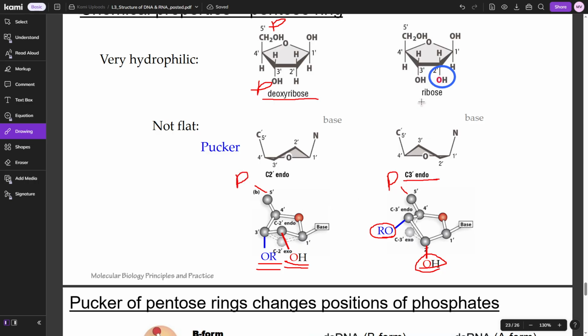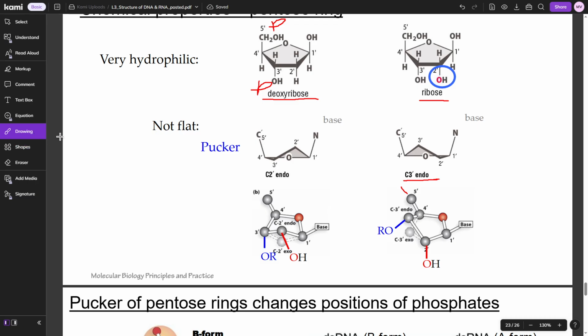So the reason that the riboses generally adopt the C3 prime endo conformation is because we want to make sure that this OH is not interacting with this OR group. If RNA and the riboses in the RNA were to adopt this conformation instead, this OH group and this OR group would be too close to each other, and they would repel, and that would cause it to self-hydrolyze and destroy itself.